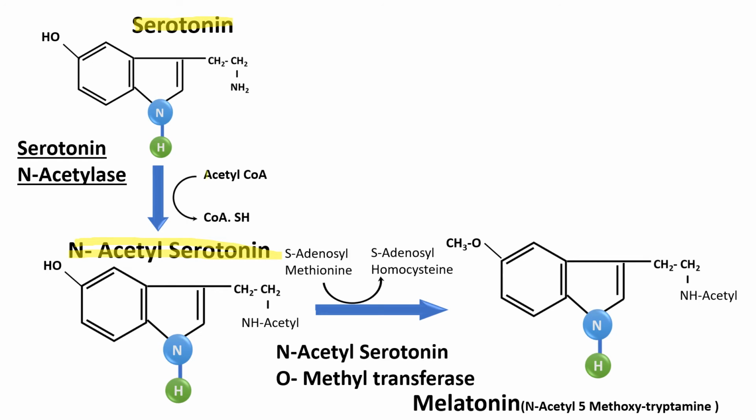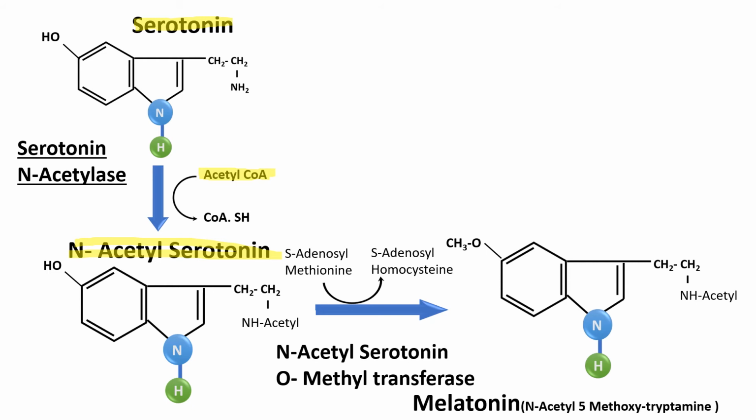The acetyl group donor is acetyl CoA. The acetyl group comes from this acetyl CoA, and it is transferred to the nitrogen of this serotonin, and this process is called an acetylation reaction, and the enzyme is serotonin N-acetylase.